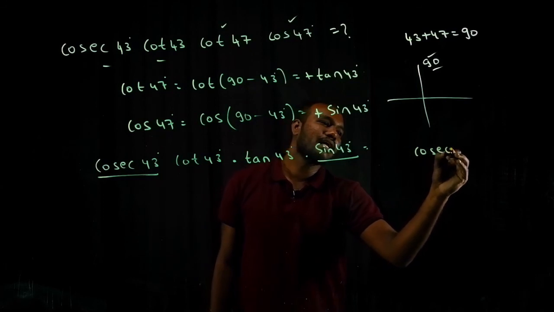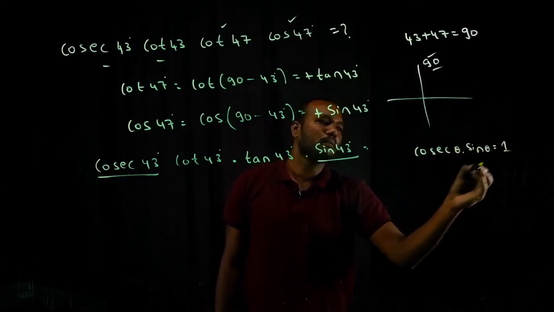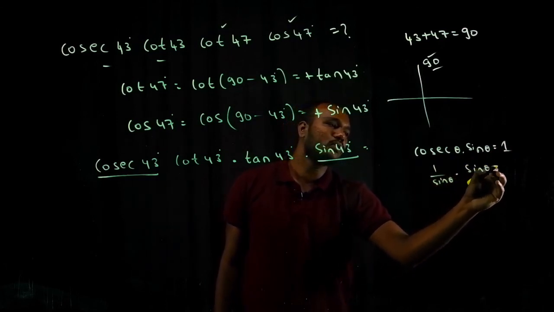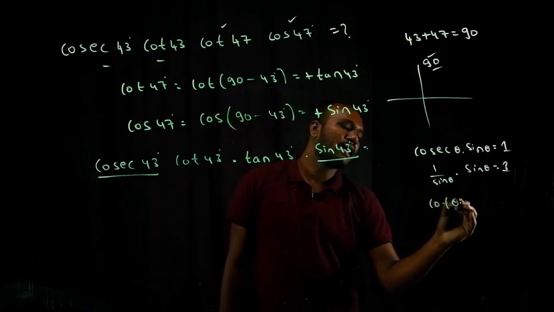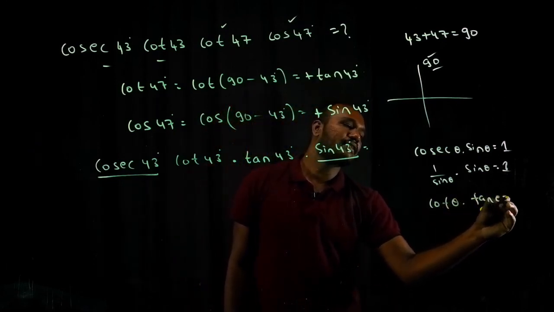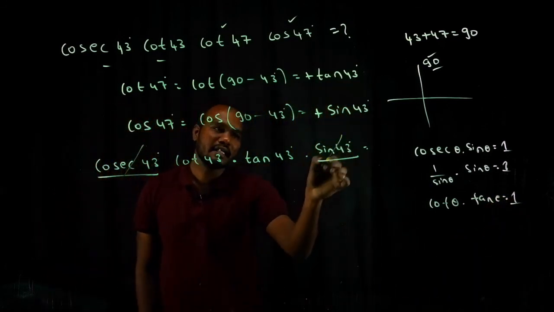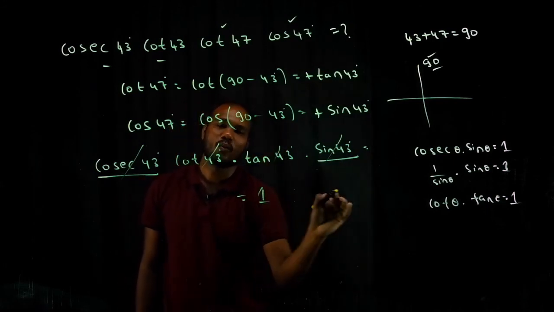Cosecant theta times sin theta is nothing but 1, because cosecant theta is what? 1 by sin theta times sin theta is equal to 1. In the same way, cot theta and tan theta is equal to 1. So this and this get cancelled, and this get cancelled. So the final answer is 1.